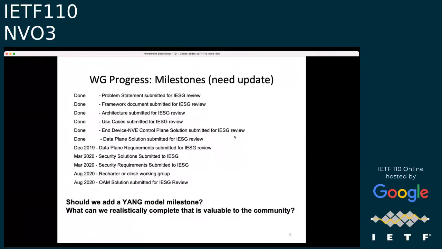Is there anything else? I guess the question is that at some point we need a discussion on whether that is complete from the perspective of the working group, and if there's anything else that we need to do before wrapping up the working group that will be valuable to the community. Any comments on that?